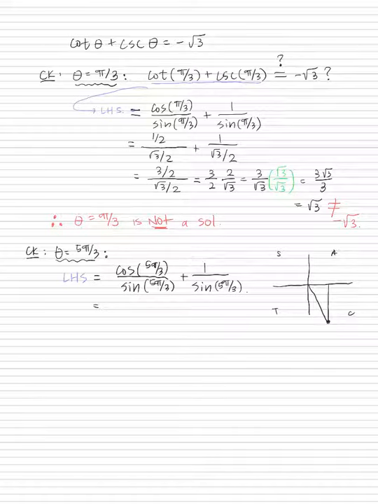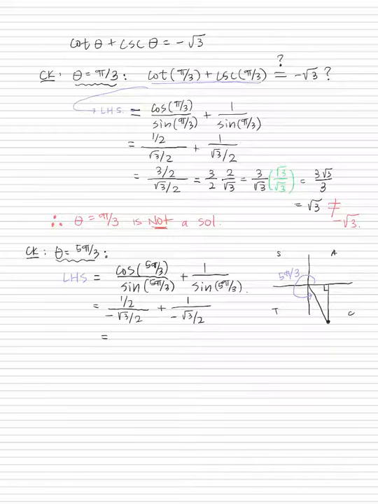Now cosine is positive in quadrant 4, but sine is negative, so keep that in mind. Okay, so cosine of 5 pi over 3 is the same thing as cosine of pi over 3, which is 1/2. And sine of 5 pi over 3 is the same thing as negative sine of pi over 3. So it's negative root 3 over 2 plus 1 over negative root 3 over 2.